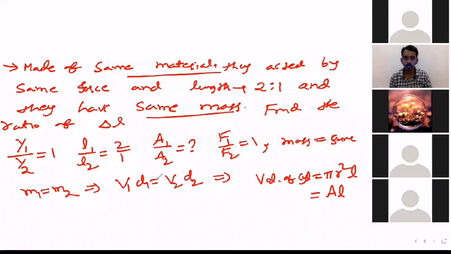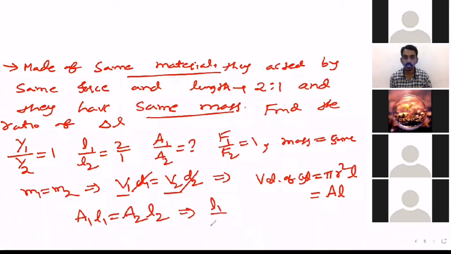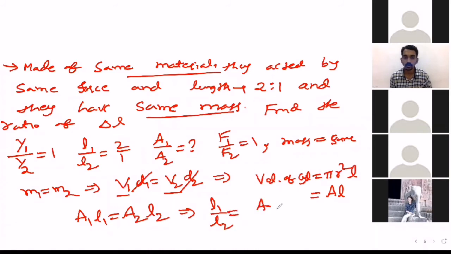Here both are made of the same material. Same material means what you can conclude? Density obviously remains the same. Made of the same material and having the same mass doesn't mean the same volume also, but they have given the indirect condition, so that A1 L1 equal to A2 L2, so that L1 by L2 equal to A2 by A1.